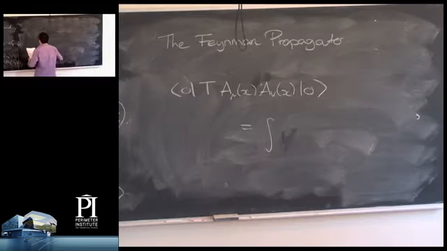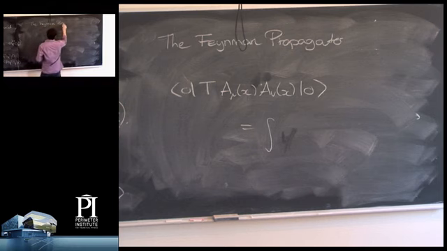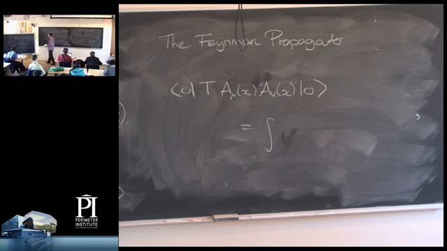So the Feynman propagator, well, it's dead easy. You plug this into here, you do the same kind of time ordering contour integrals that we had before, and you get the following expression.